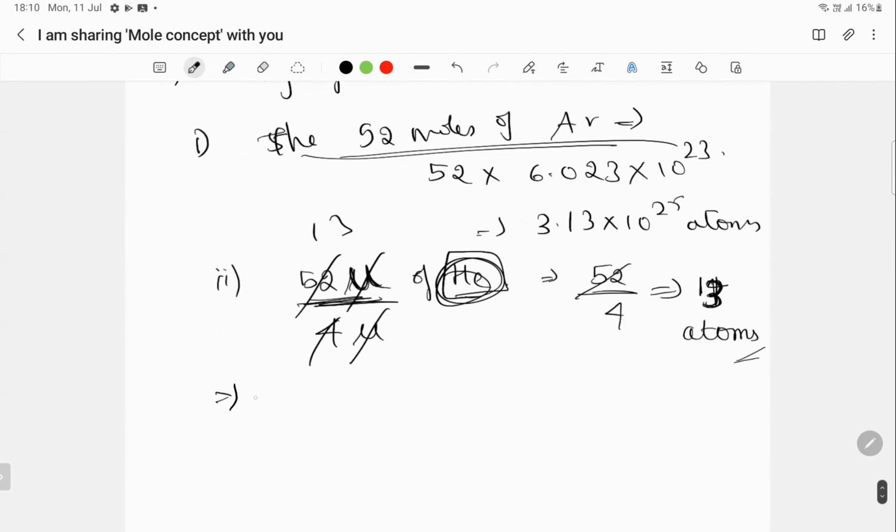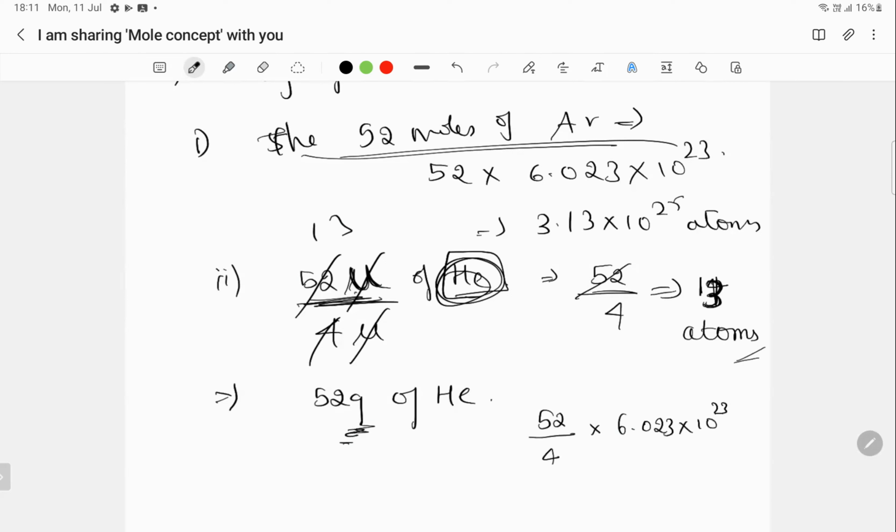Here, 52 grams of helium, so we need to find how many atoms are in it. The gram here denotes gram atomic mass. Do you know the difference between u and g? u is your atomic mass, g is your gram atomic mass.